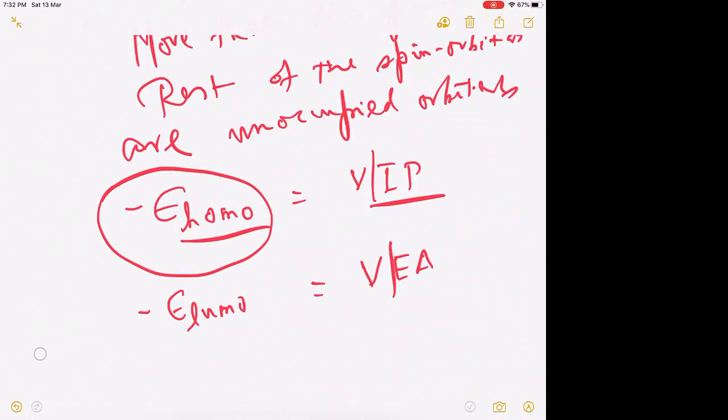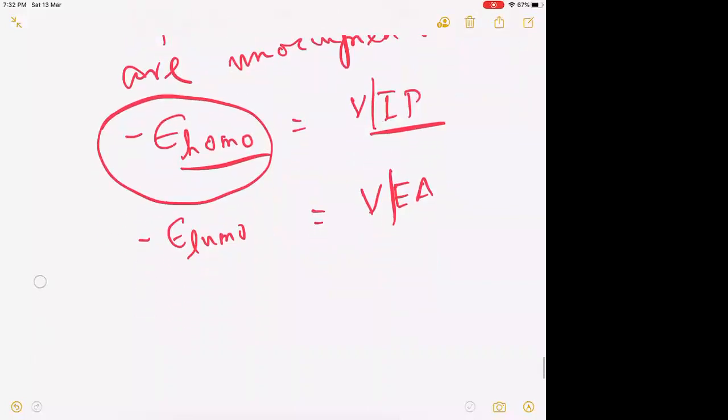Remember, epsilon HOMO, which is the orbital energy, is always negative if it is a bound state. So the negative of that negative is always positive. So that's why we say we require energy to ionize. But the LUMO can be positive or negative.